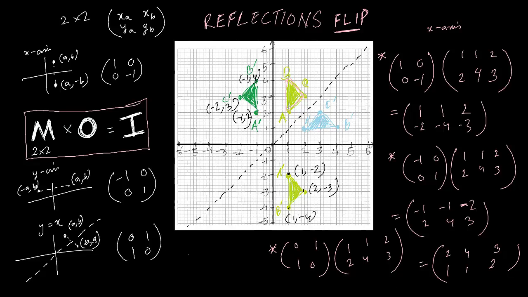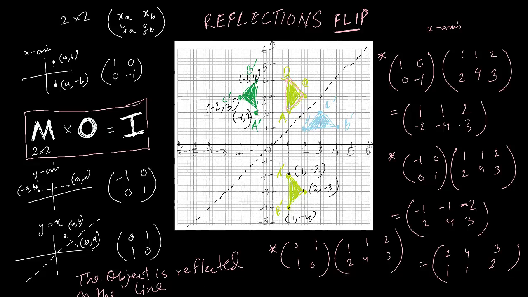That's it. Now, if you're asked to describe fully the transformation from which this object comes to this, or this object comes to this, and so on, this is how you define it. This is the description: the object, name the object ABC, is reflected on the line, mention the equation of the line, x-axis, y-axis, or it could be any other line actually.